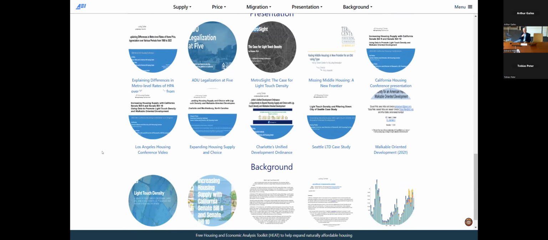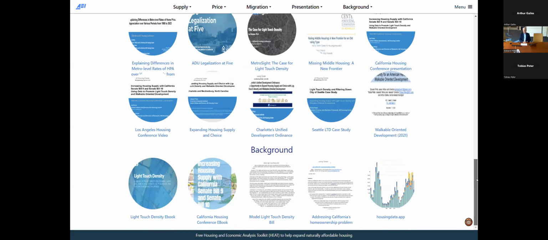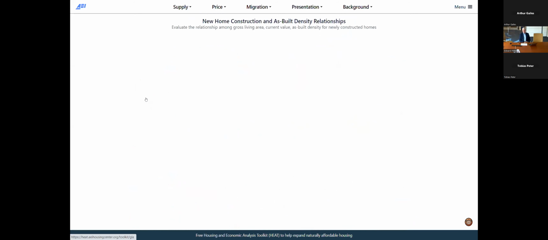Then there are some other presentations on various topics that relate to the broad topic of housing and economic analysis, and some background material. But we will largely be focusing on the 20 tools in the toolkit. With that, we'll go to the supply component and start with new home construction and as-built density.